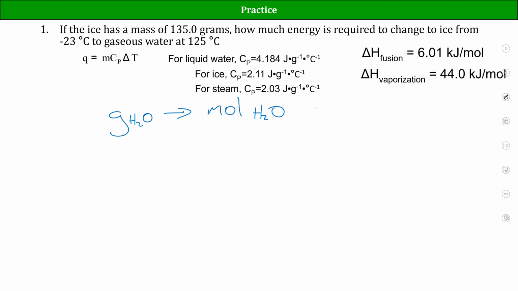Because once we get to moles of water, we can go to joules. That's our goal. We did a practice problem like this, and we did 2 or 3 of them, but it was a while ago. Is it converted to kilograms, then kilograms to atomic mass unit?